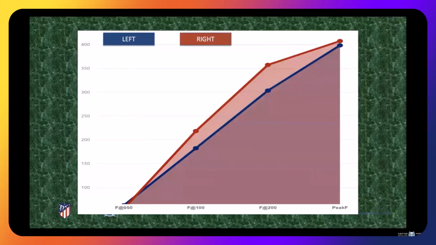So we can differentiate what type of training is going to be more interesting for our player. If it's about the peak force, maximal strength work will be recommended. And if it's the explosive force, apart from maximal strength, isometric exercises would be recommended too.